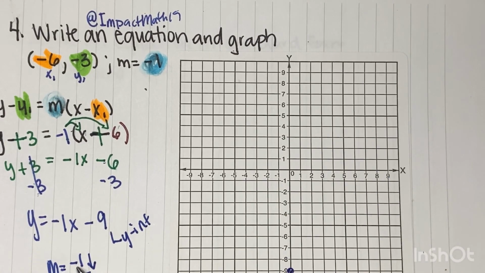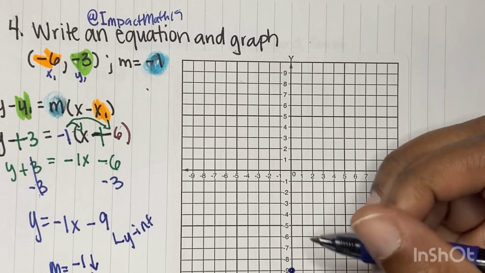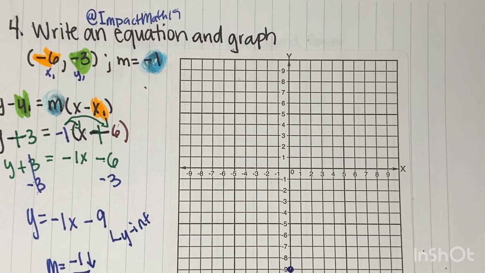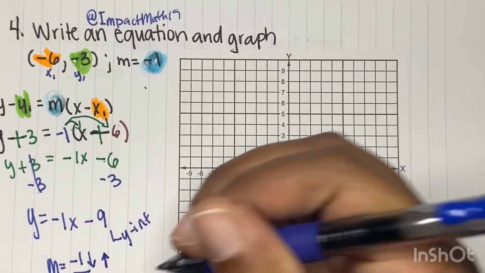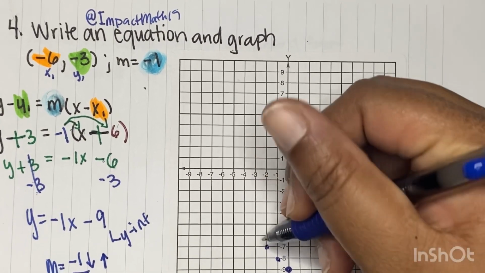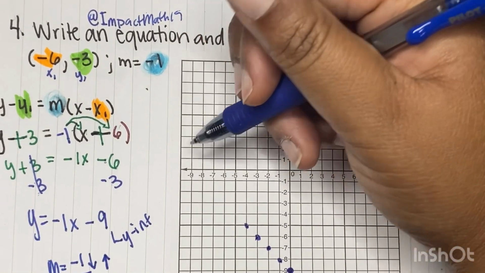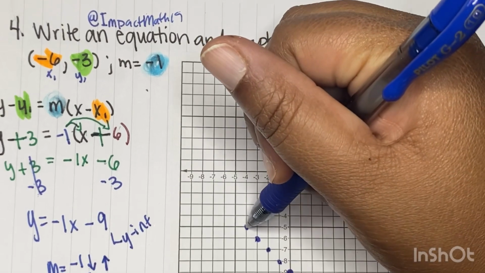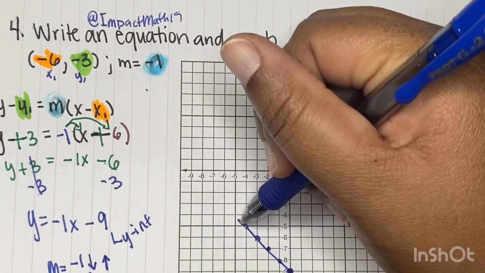Now my slope tells me to drop down 1 and go to the +1. But I can also go the opposite direction. If I go up, then I just have to go left. So if I go up 1, left 1, up 1, left 1, up 1, left 1, up 1, left 1. And then we could see that our line is going just like this.